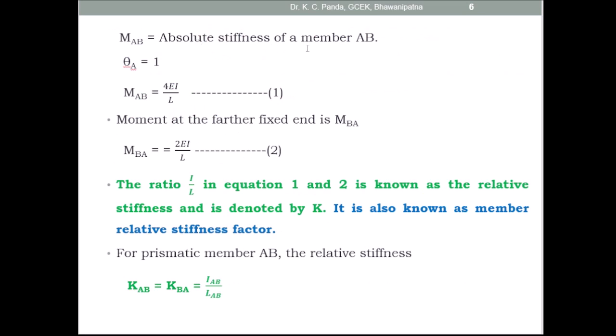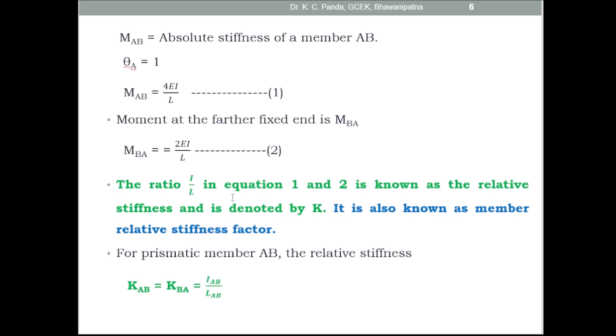The absolute stiffness of member AB, when theta is equal to 1: MAB is equal to 4EI by L, this is equation 1, and the moment at the further fixed end MBA is equal to 2EI by L, so this is equation 2.